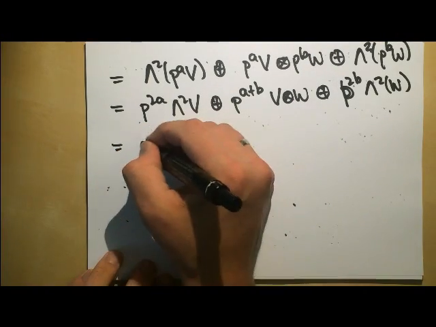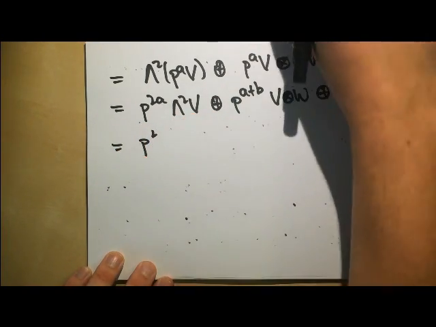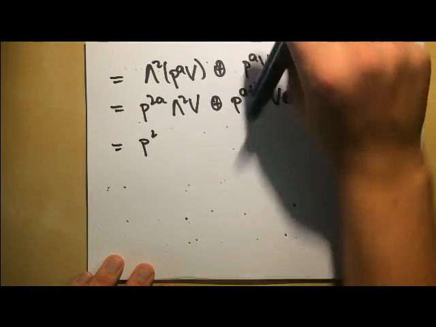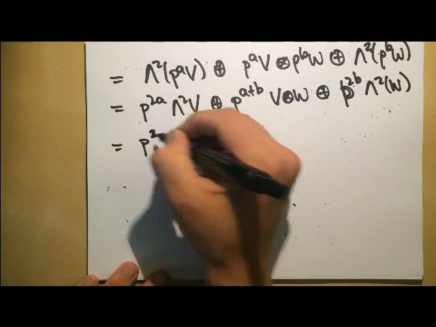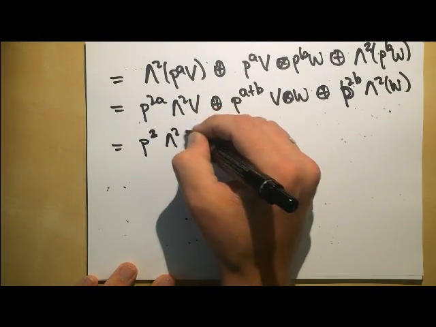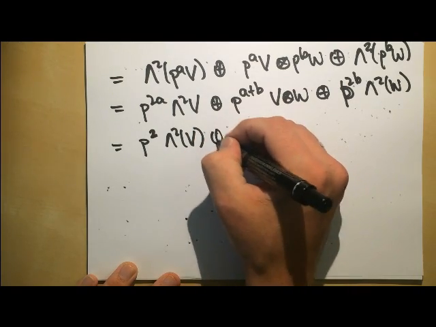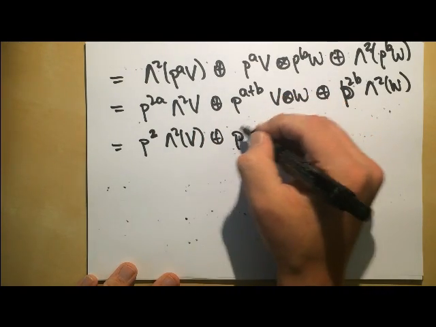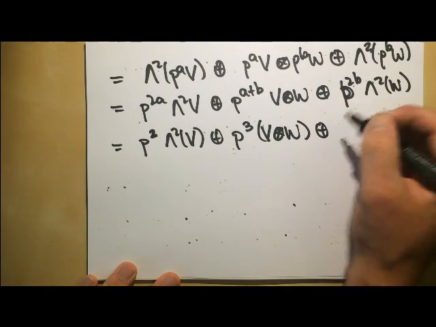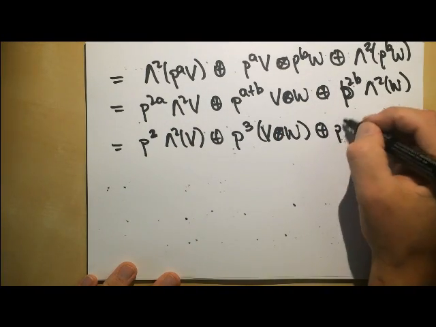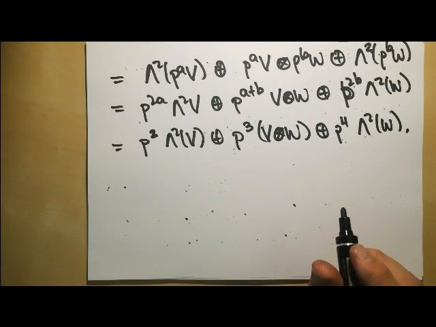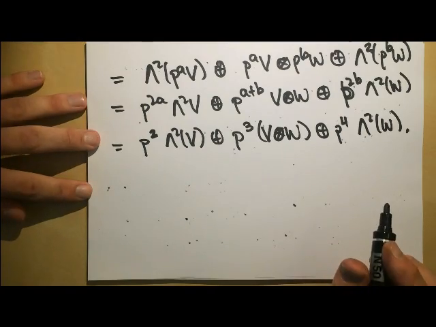So this becomes p to the, a was equal to 1, so this is 2, so this is p to the 2, second wedge power of v, and then this is 2 plus 1, which is 3, okay, and then this is 2 times 2, so this is p to the 4th, lambda squared w. Okay. And let's look at what this has now.